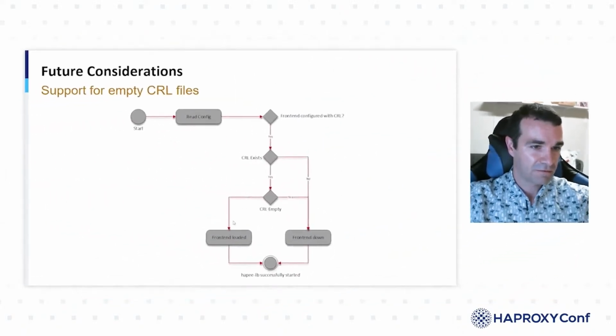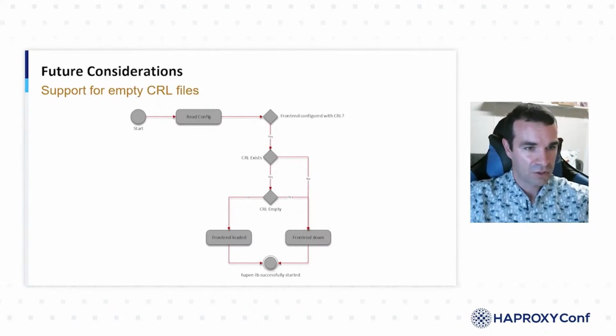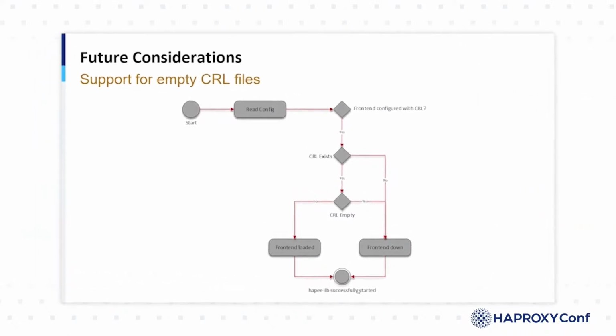It would be nice if the front end could be loaded, and you treat it as if the certificate revocation list was empty. There's not going to be a signature in it. It could cause a security risk there, but it's all things to think about. As long as the HAProxy server, the load balancer server, would come up successfully with just the rest of the front ends up, that would be good for us.